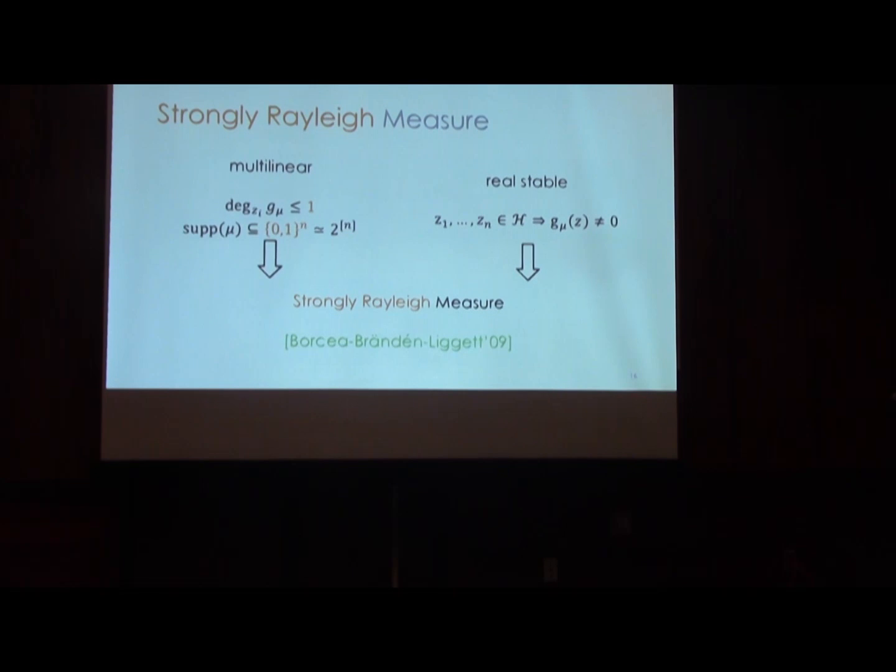Any questions on what this definition is? So this condition was the one I studied in the previous slide. But for strongly Rayleigh measures, I also require that they are multilinear.